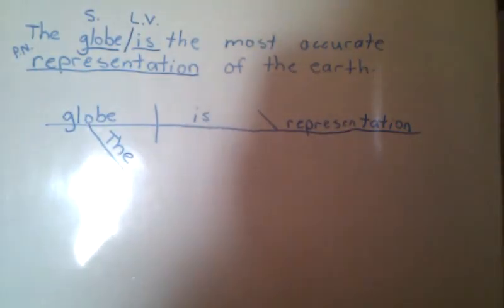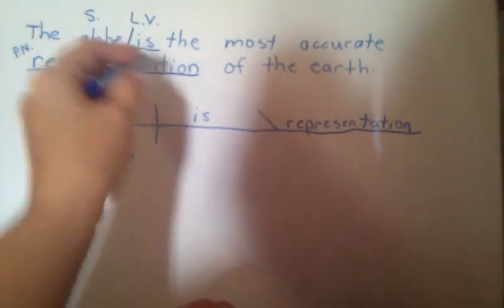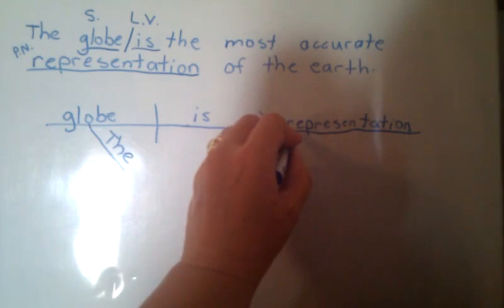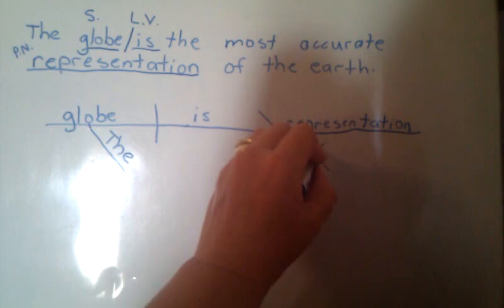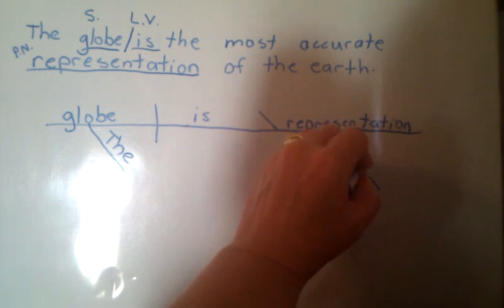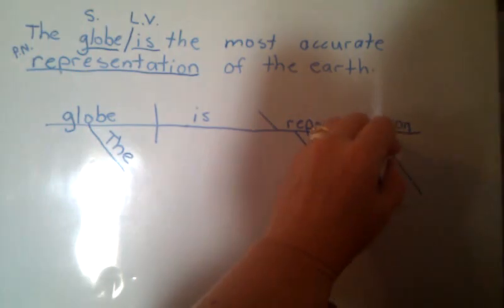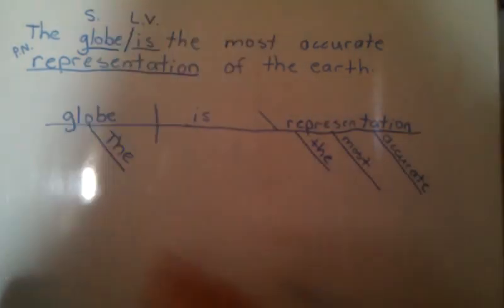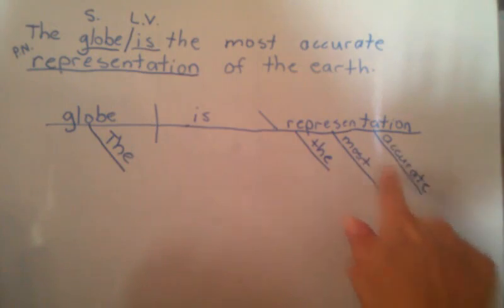Okay, where is the most accurate? The is, no, the representation. So the is going to go here. Most accurate. Okay. The globe is the most accurate representation. Alright?